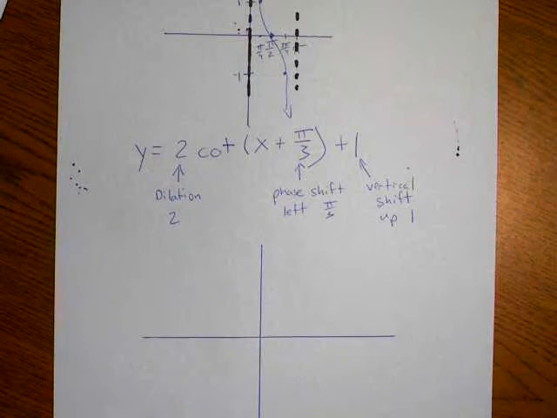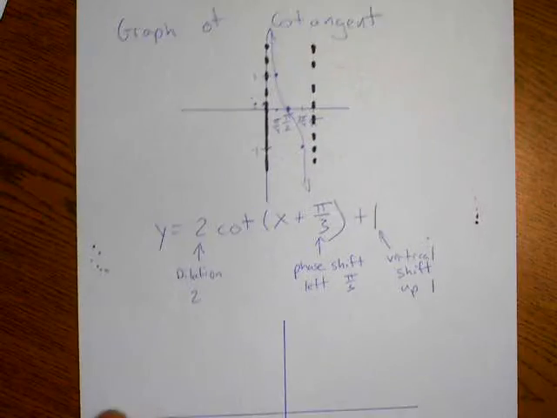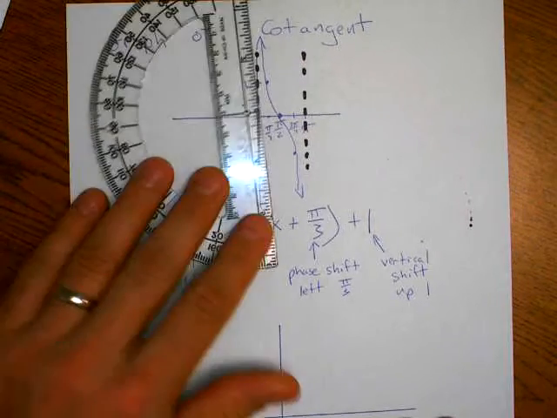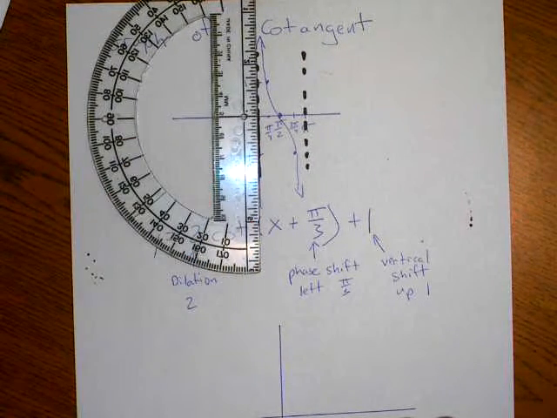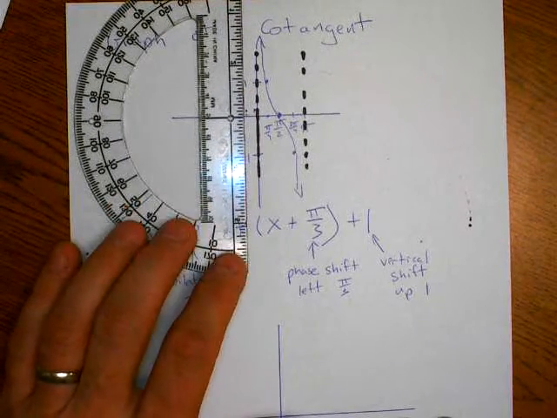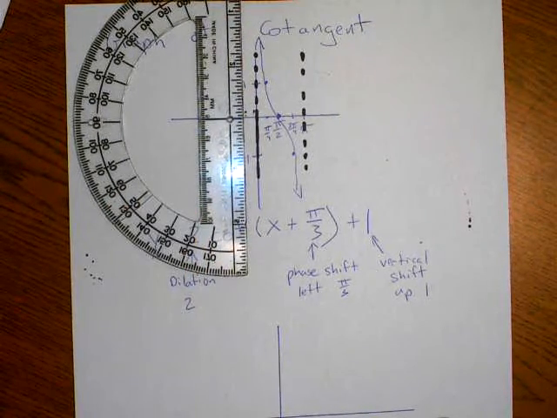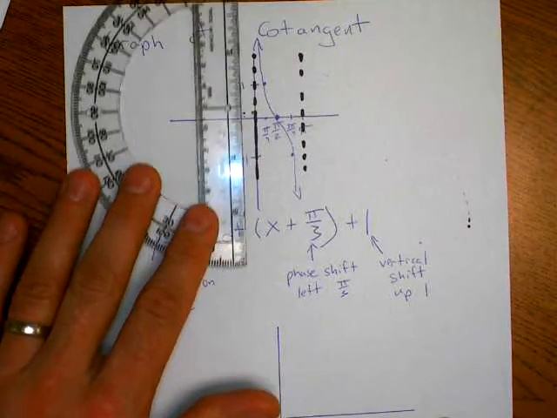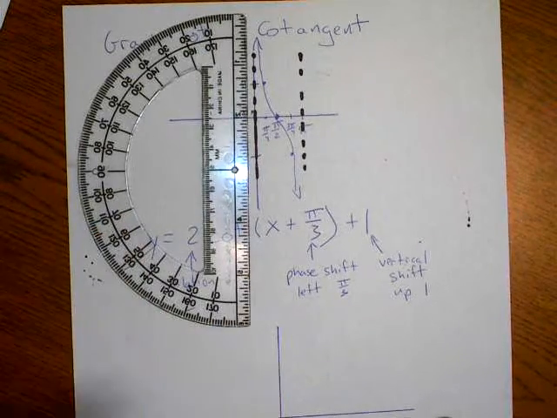Okay. So let's go through this. And it's also convenient sometimes to move things in components, one thing at a time. So I'm just going to move this first asymptote, wherever I have to move it to. The first asymptote is at 0. I'm going to have to move it to the left pi over 3. And then, well, that's it. If I shift an asymptote up 1 or I do a dilation, you're never going to know it.